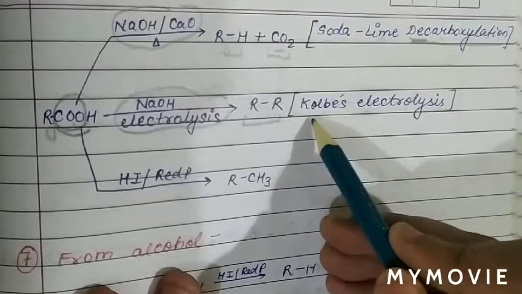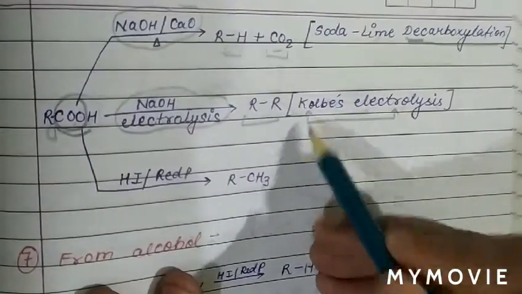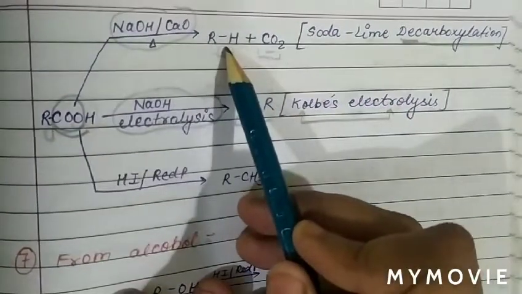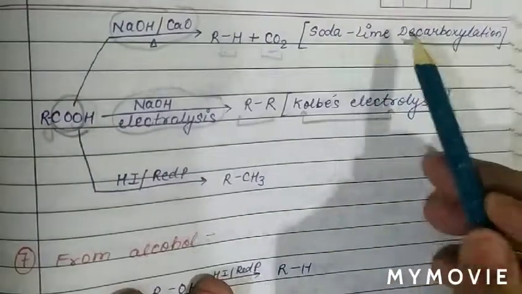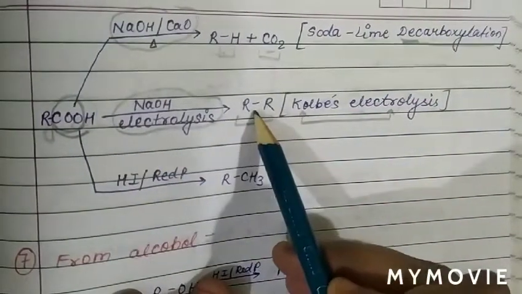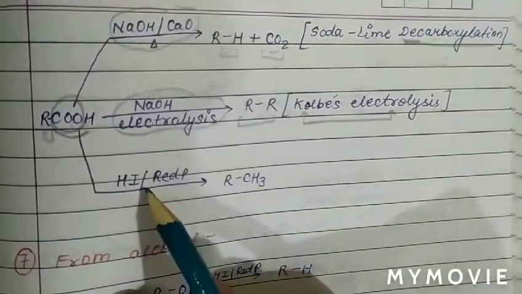So basically this reaction we call Kolbe's electrolysis. So the first method for the preparation of alkane from carboxylic acid is soda lime decarboxylation, and the next method is Kolbe's electrolysis. Now see the next method.